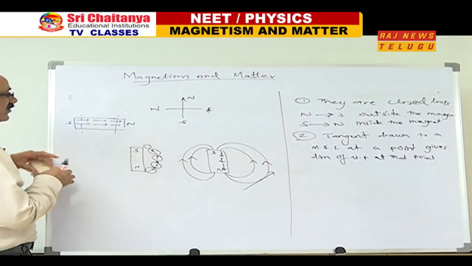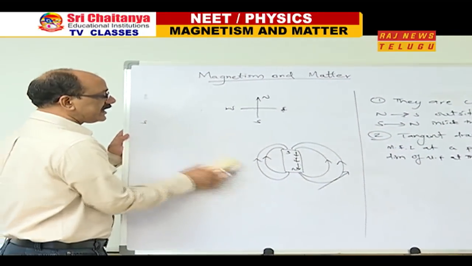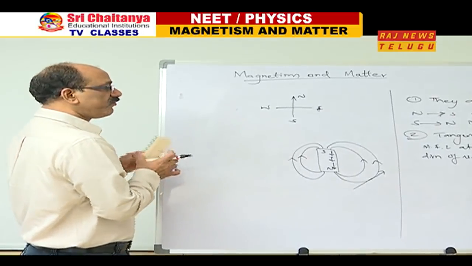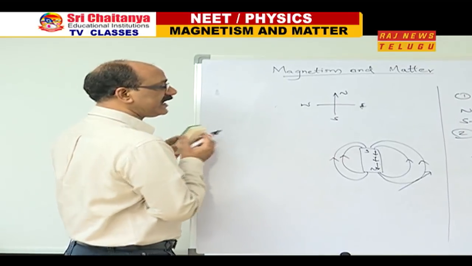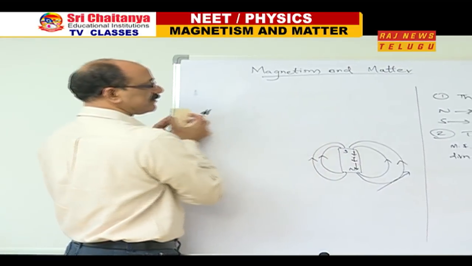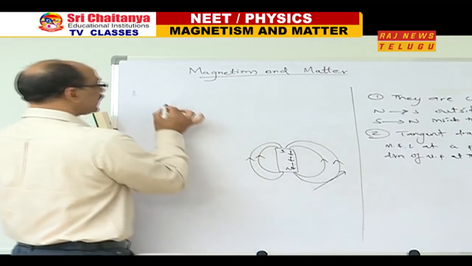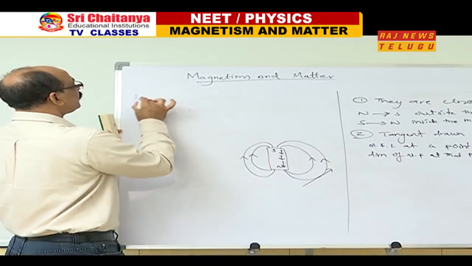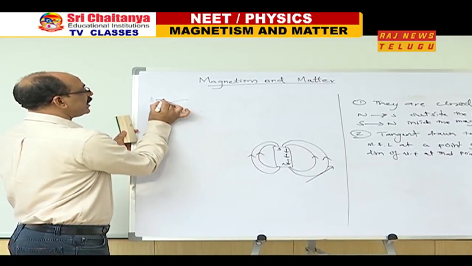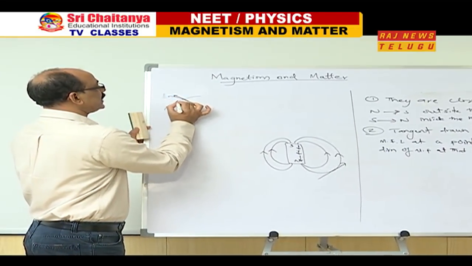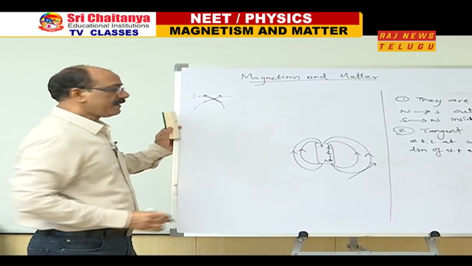From this we can understand one thing, that magnetic field lines do not intersect with each other. The third property is that they do not intersect with each other. Why don't they intersect? For example, if it is the point of intersection, at that point we can draw two tangents, one like this, one like this.